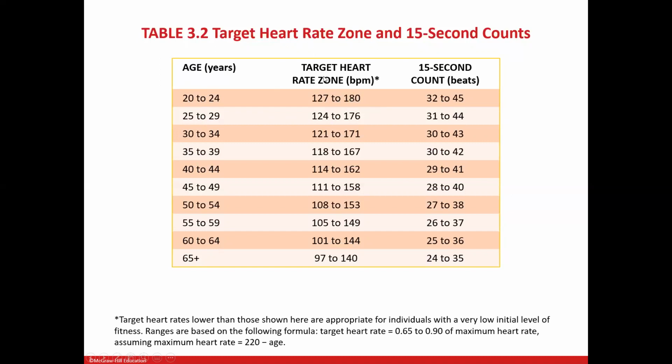Target heart rate is where you're burning off the most possible. And then the 15-second count is 32 to 45. As you can see, when you are age 65 and plus, your target heart rate zone decreases and your beats also decrease.